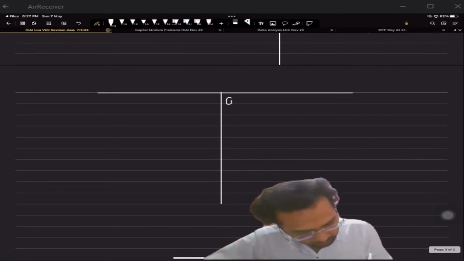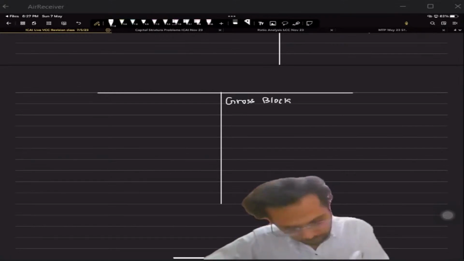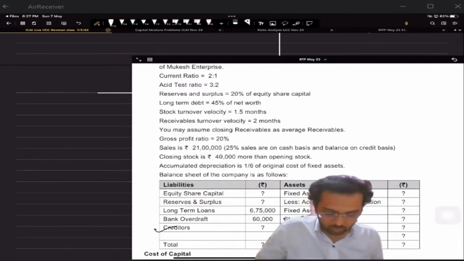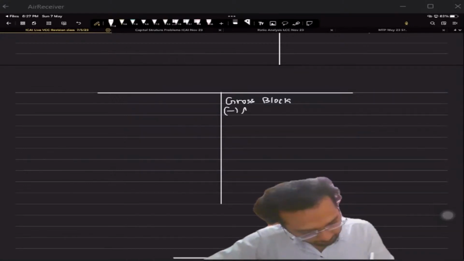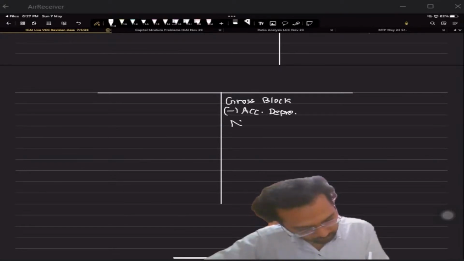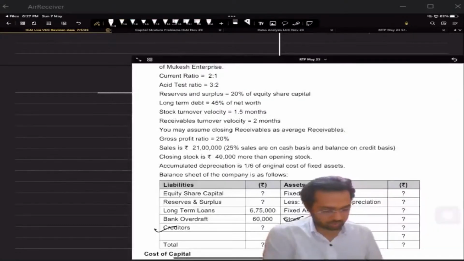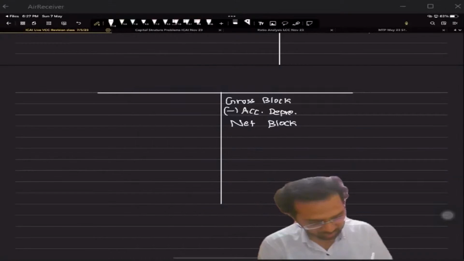We have the gross block, then the accumulated depreciation, and then the net block.